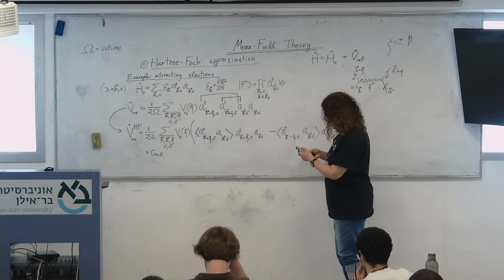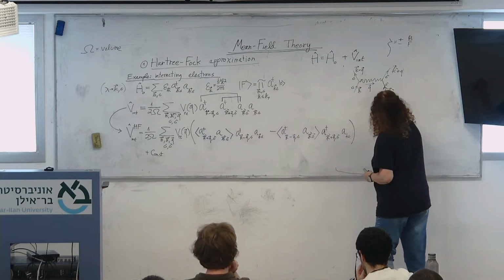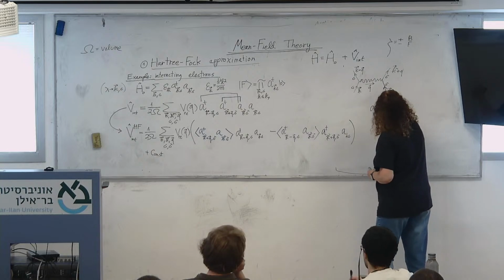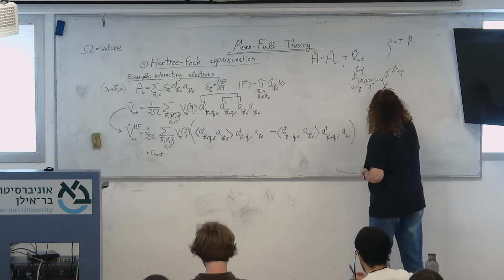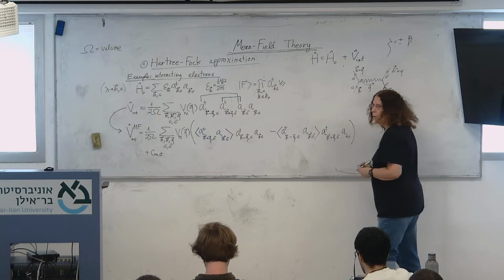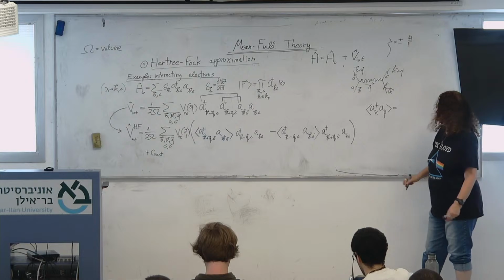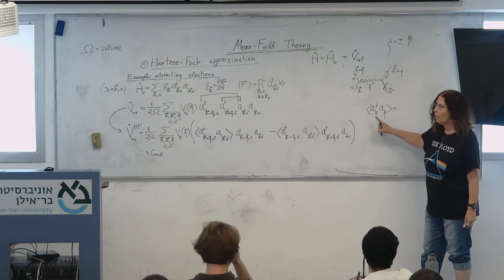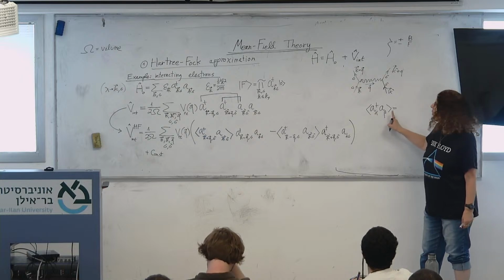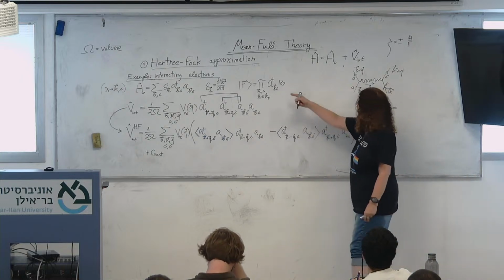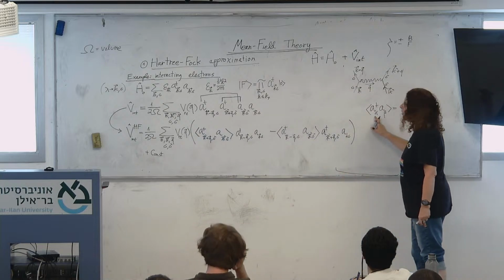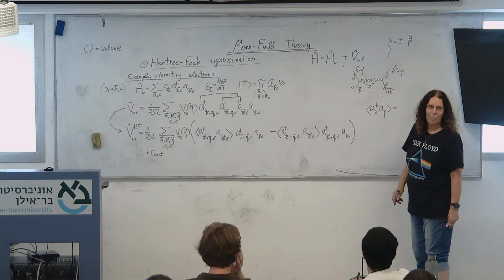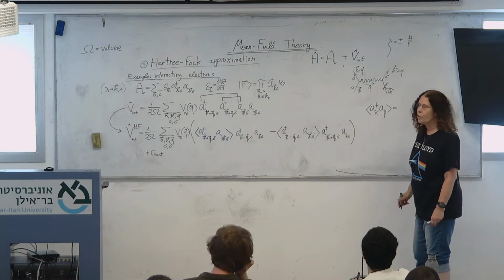First of all, let me remind you, in any Fock state, for fermions, what is this? When you calculate the expectation value over a Fermi sea, it's zero if alpha is different from beta. But if alpha equals beta, there is a delta.